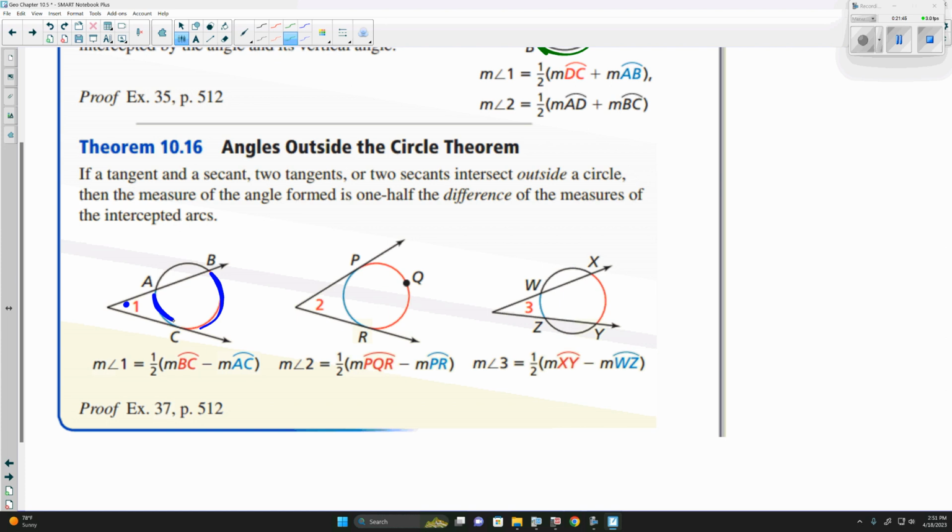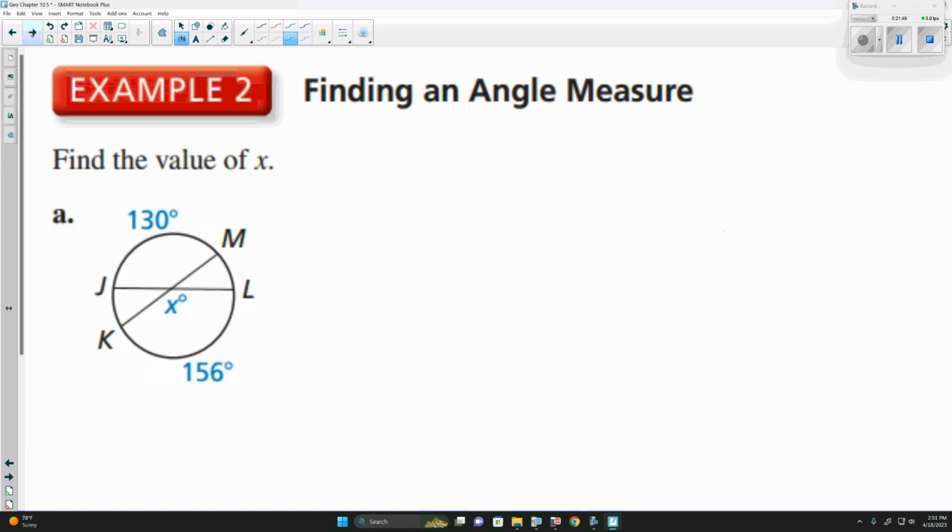So let's look at some examples of this here, because seeing it as a theorem is one thing, but working this makes it make a little more sense. So as we look at this here, angle x, this angle in the center, is equal to half the sum of the two arcs.